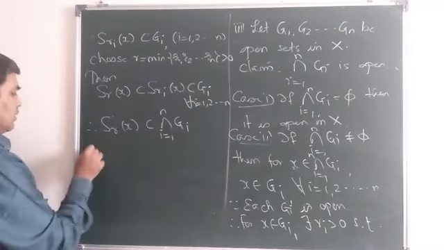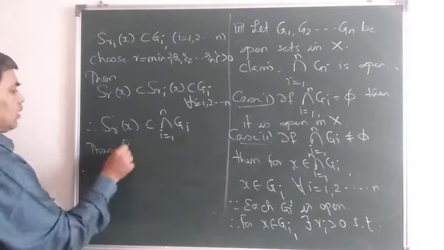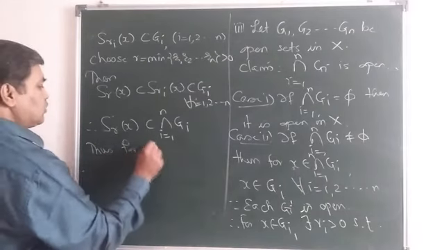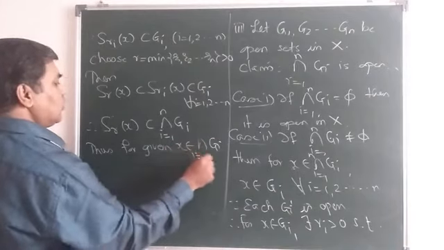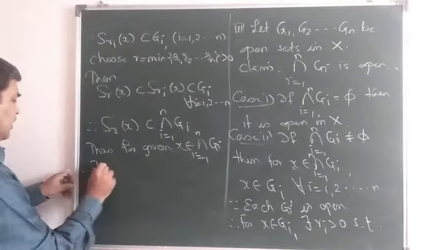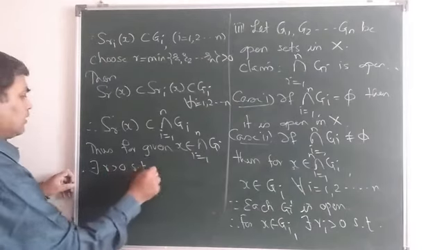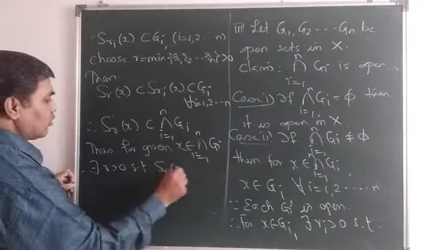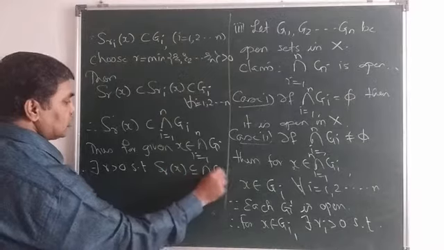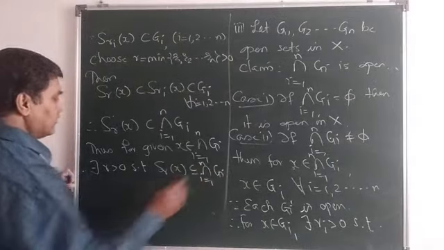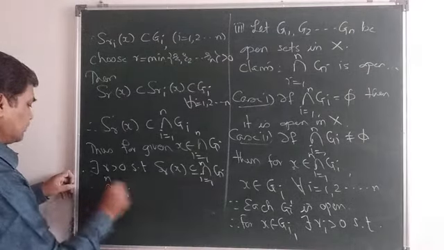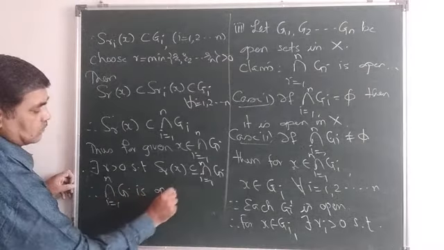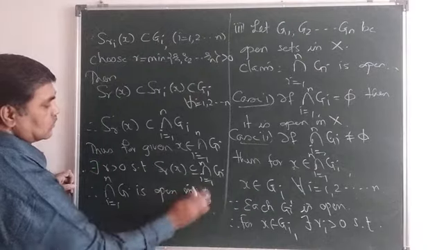Thus, for given x belonging to the intersection of Gi, there exists some r greater than 0 such that S(r, x) is a subset of the intersection of Gi, i equal to 1 to n. Therefore, the intersection of Gi is open in X.